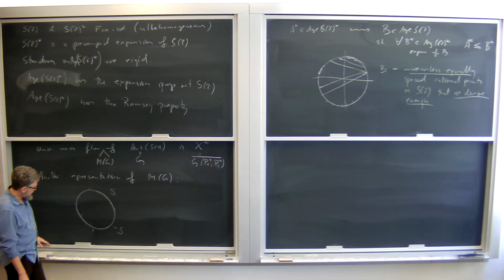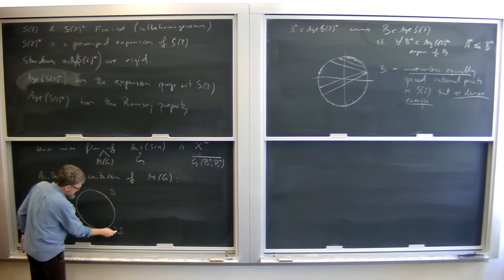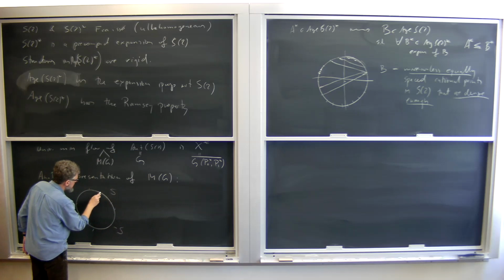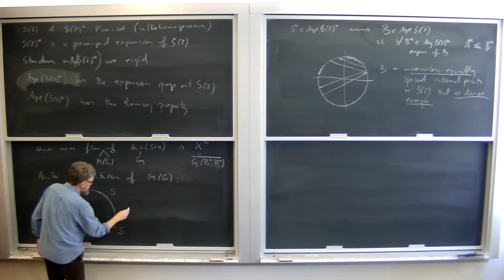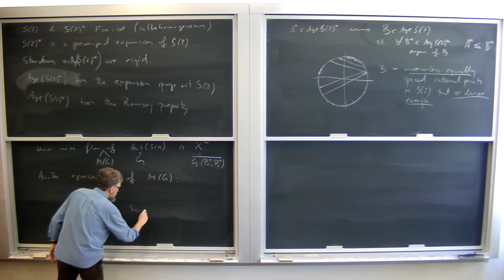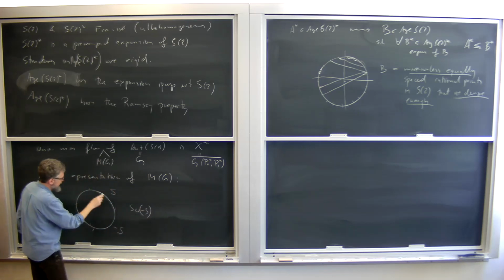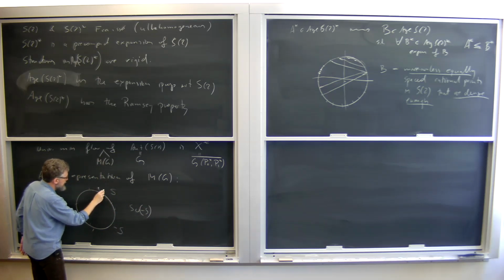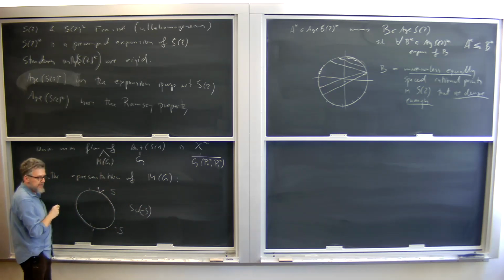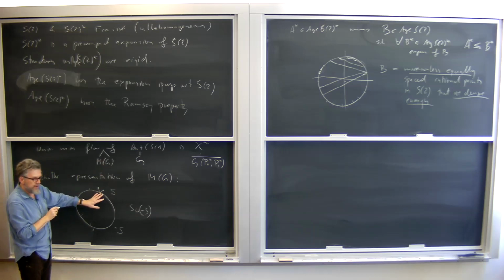So you really consider S union minus S, and for every point in that set, which is a point on the circle, you form two points, one on the left, one on the right. So you split these countably many points in this way.